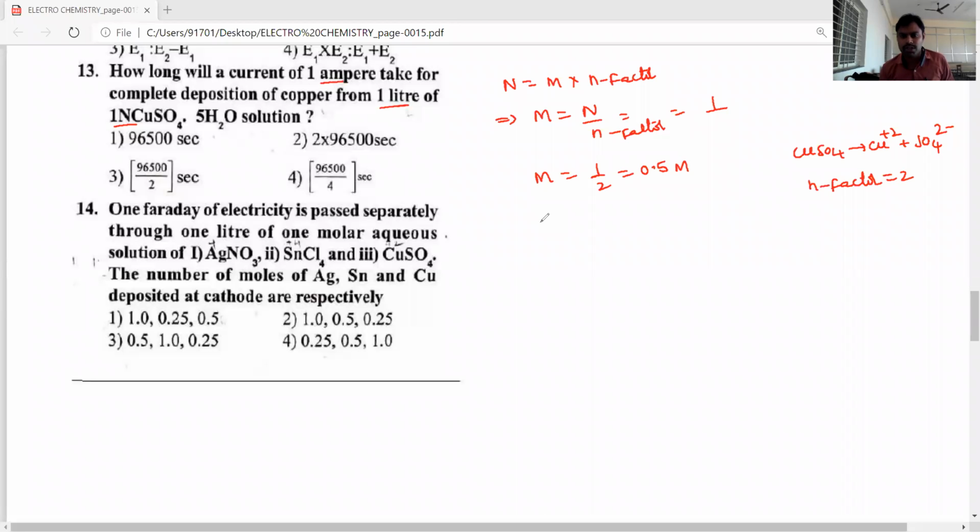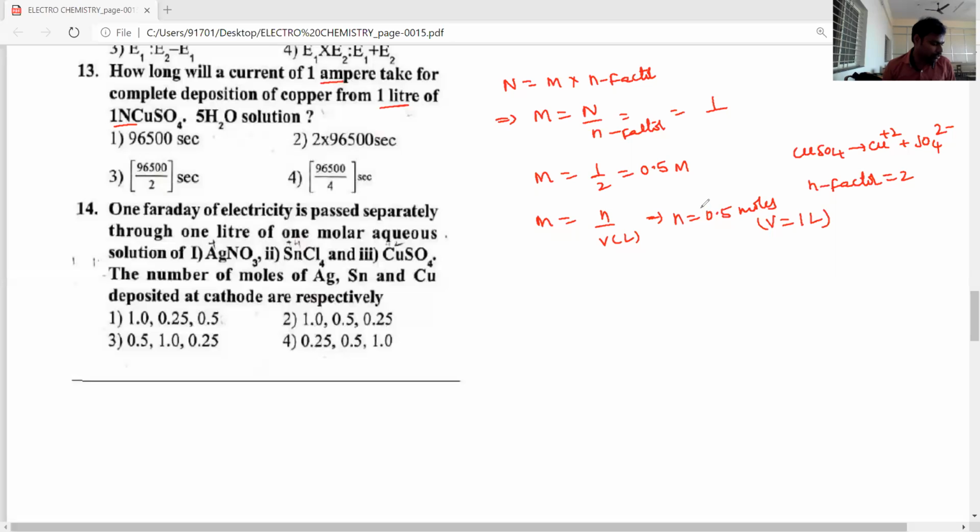Now in 1 liter of solution, molarity is nothing but n by V, with V in liters. If V equals 1 liter, then n equals 0.5 moles. Now we get the idea: 0.5 moles of copper is present.